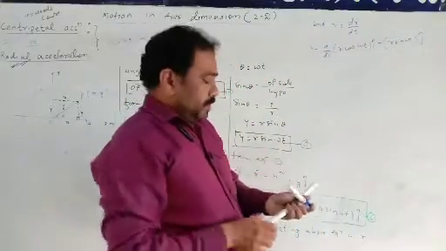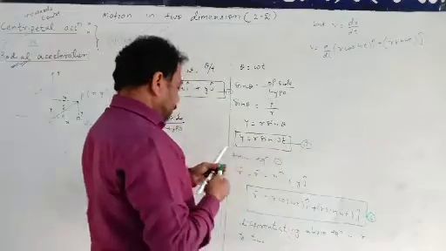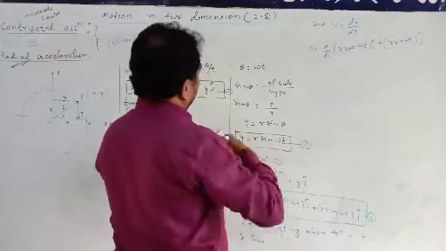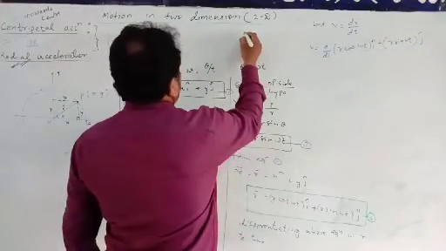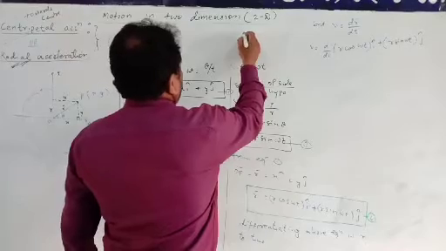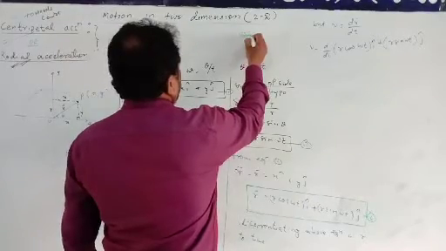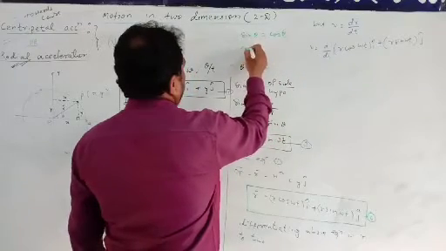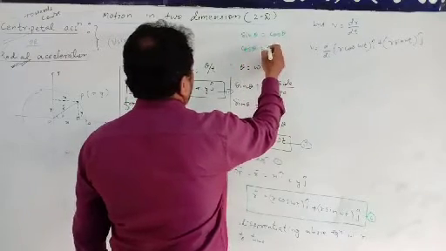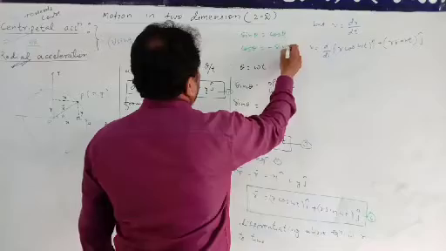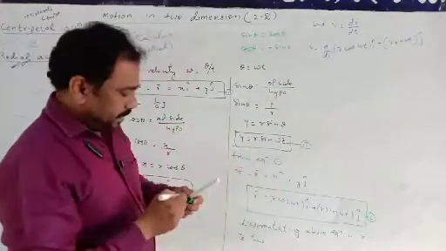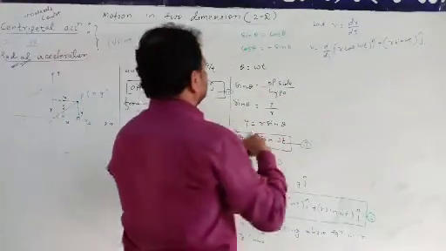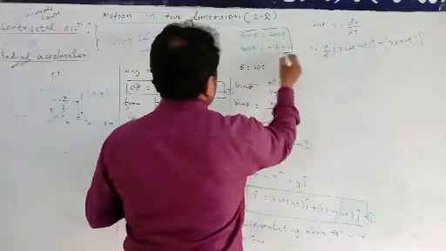Now we have formulas from derivatives. What are the formulas? If sin theta is there, then the derivative of sin theta is cos theta. If cos theta is there, then the derivative of cos theta is minus sin theta. You should memorize these two formulas, they are very important.